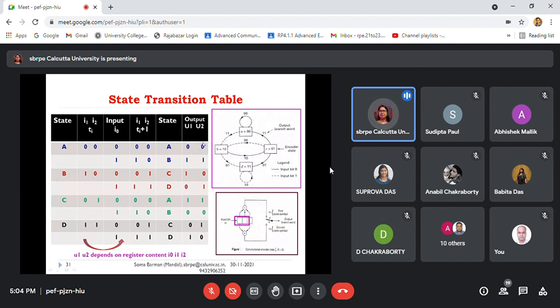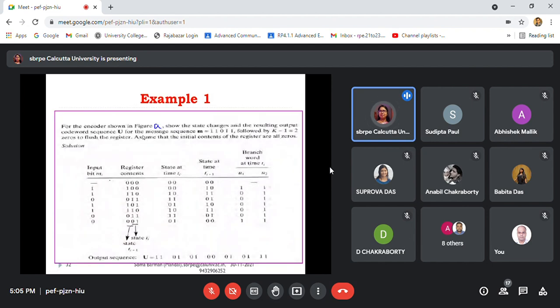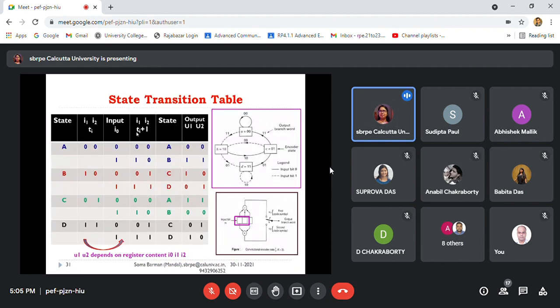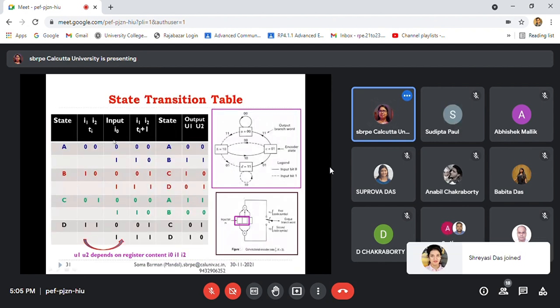This thing is clear. Now A is the state 0 0. At the A state, now an input 1 is coming. How will it transit to the next state? It depends on the input.